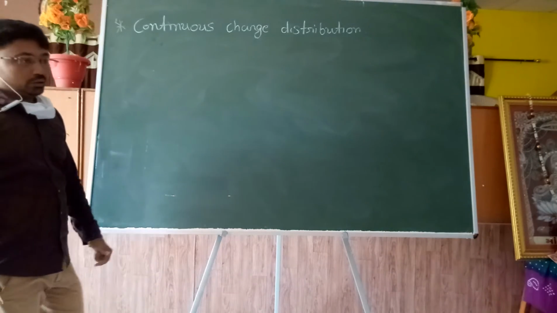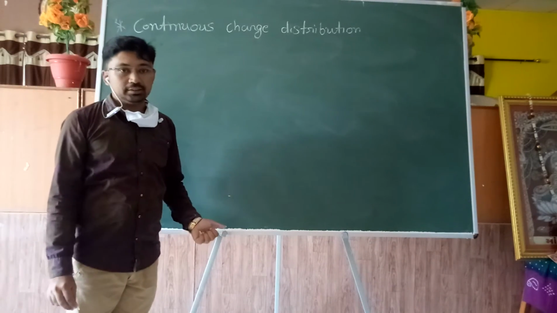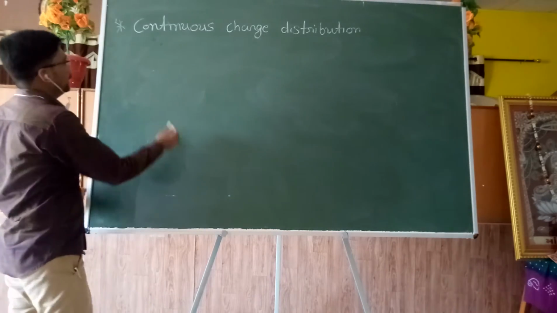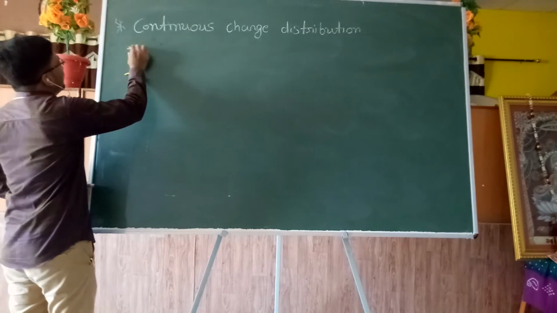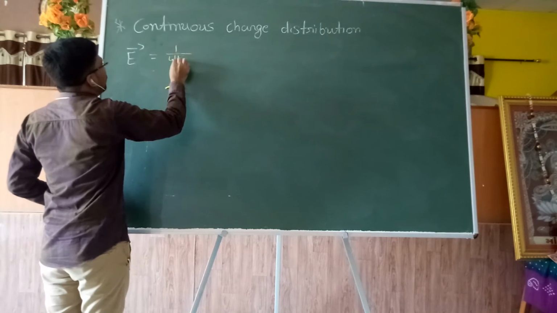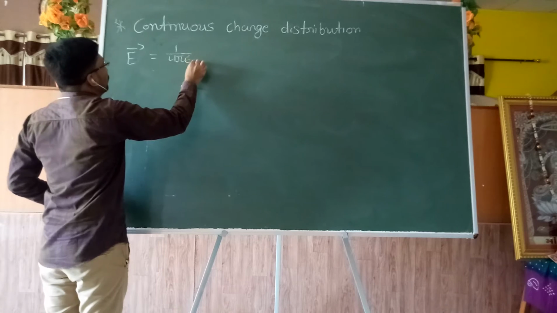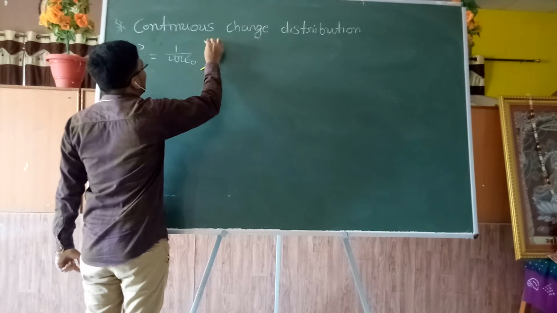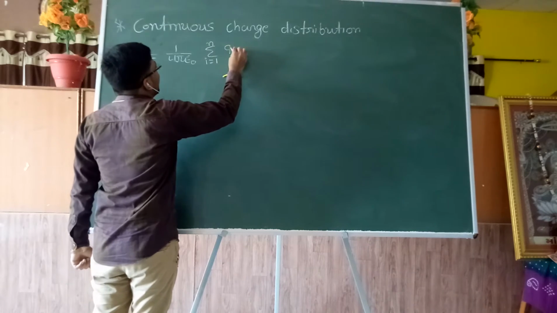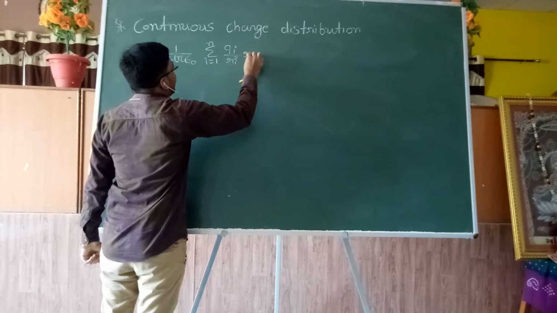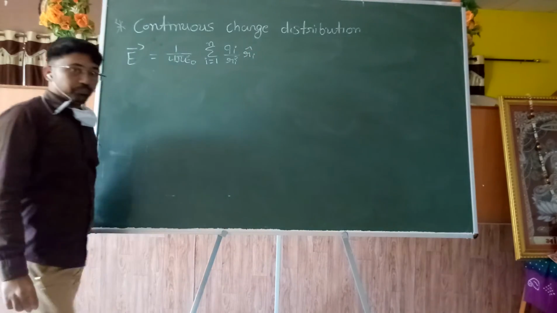We have the equation of electric field due to source charges or a group of charges, and it is equal to E is equal to 1 upon 4 pi epsilon 0 summation i is equal to 1 to n of qi upon ri square into ri cap.